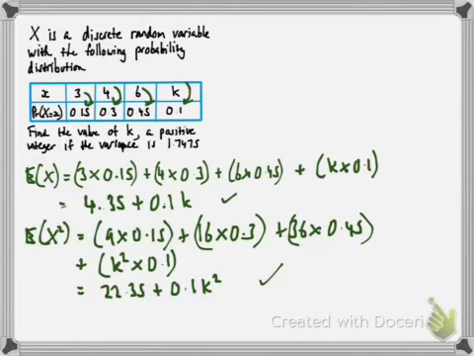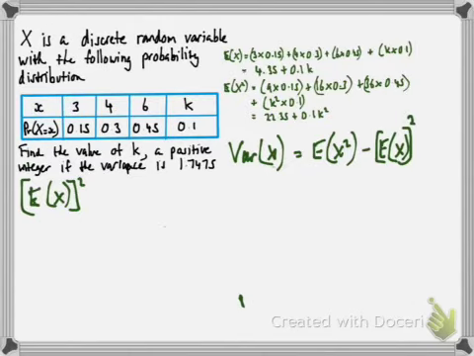So instead of 3 by 0.15, it's 9 by 0.15, 4 squared is 16, 6 squared is 36, and we've got k squared there. That gives me, for E of x squared, 22.35 plus 0.1k squared. So I've copied that over to the next slide. There's our E of x, and there's our E of x squared.